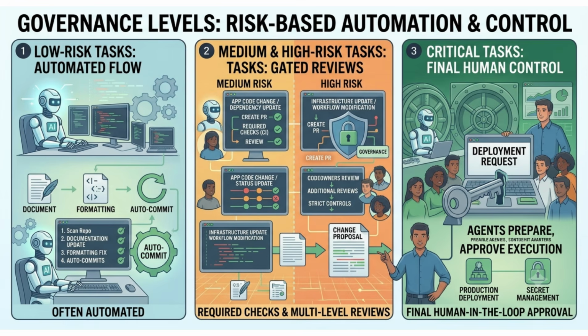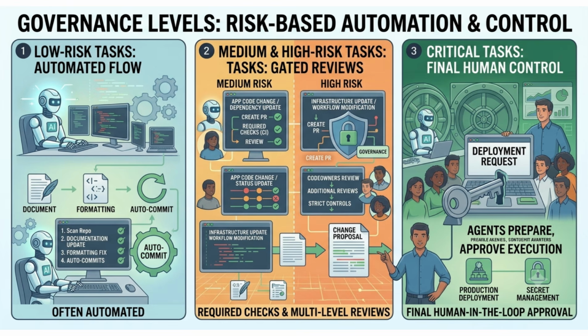Risk-based autonomy. Not every task requires the same level of automation. Organizations should apply different levels of autonomy based on risk. Low-risk tasks, for example documentation updates and formatting fixes, can often be automated. Medium-risk tasks, for example application code changes and dependency updates, require pull requests, checks, and reviews.